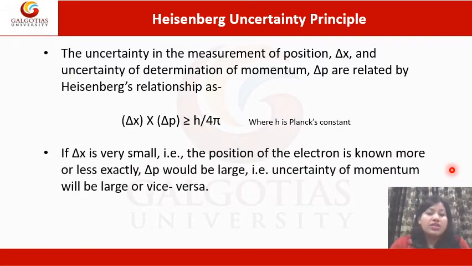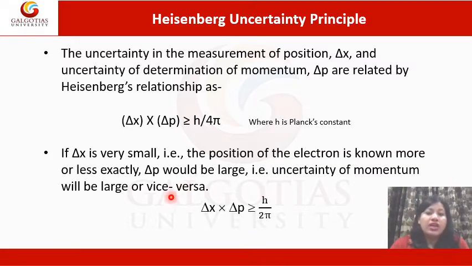If delta x is very small, that is, the position of the electron is known more exactly, then delta p would be large, that is, the uncertainty of the momentum will be large, or vice versa.